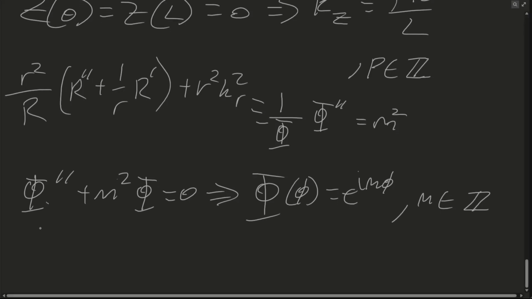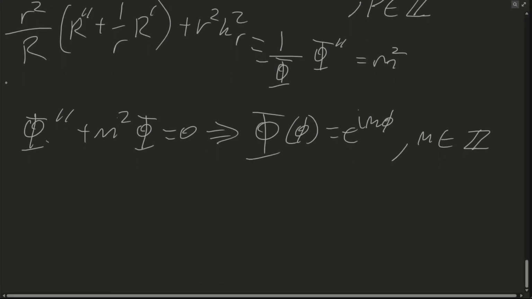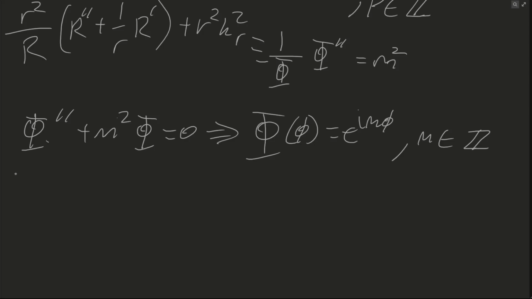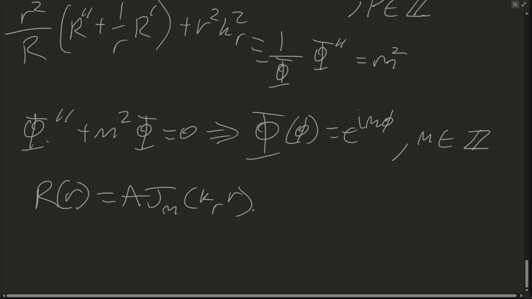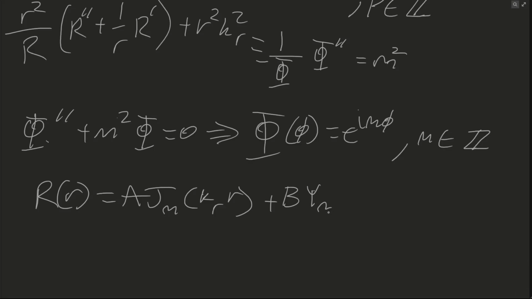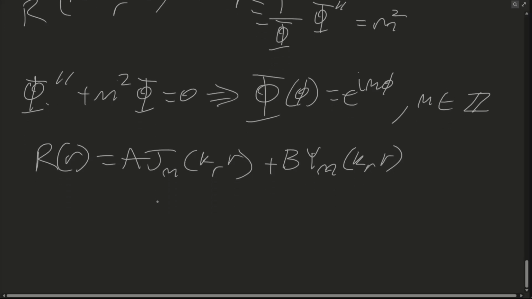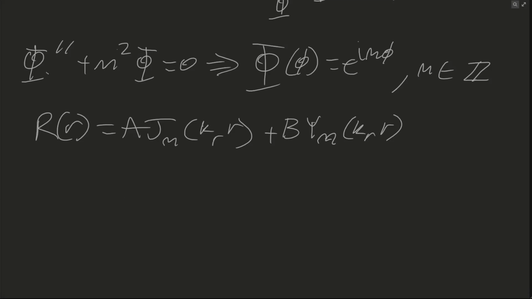Now the general solution involves the dreaded Bessel functions of the first and the second kinds. R of r equals A J_m of k_r r plus B Y_m of k_r r.